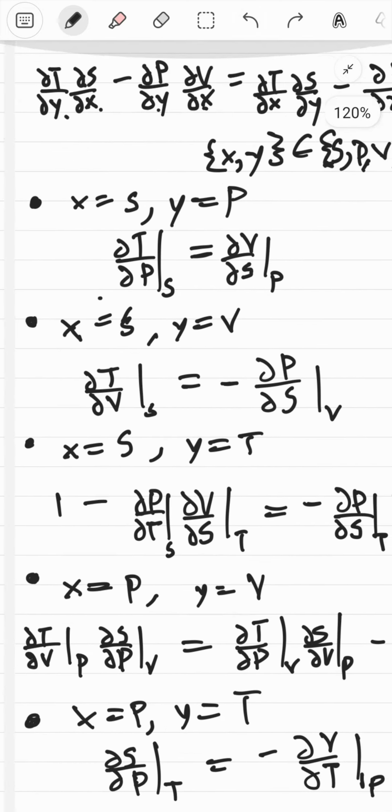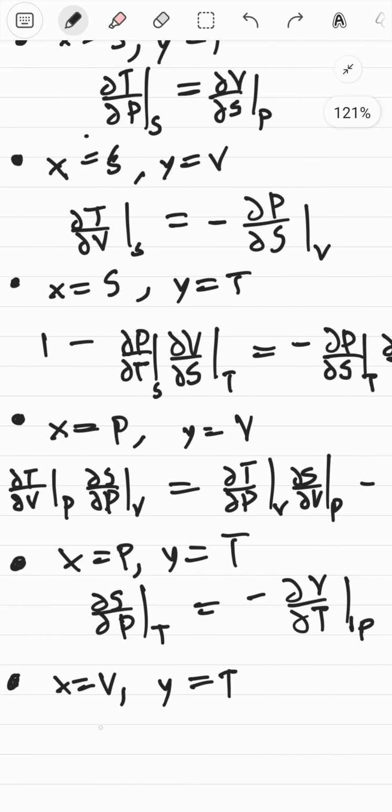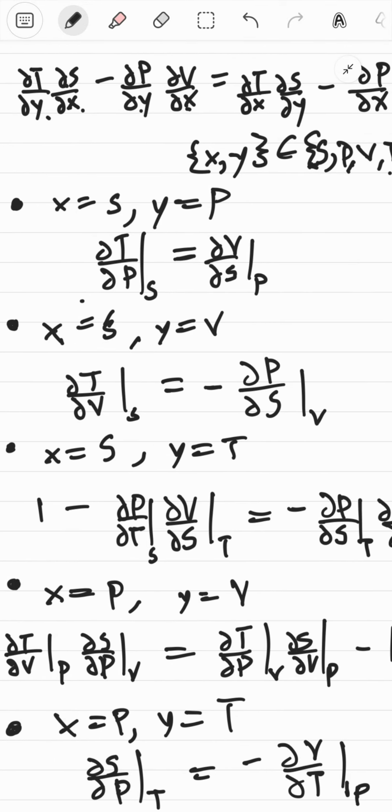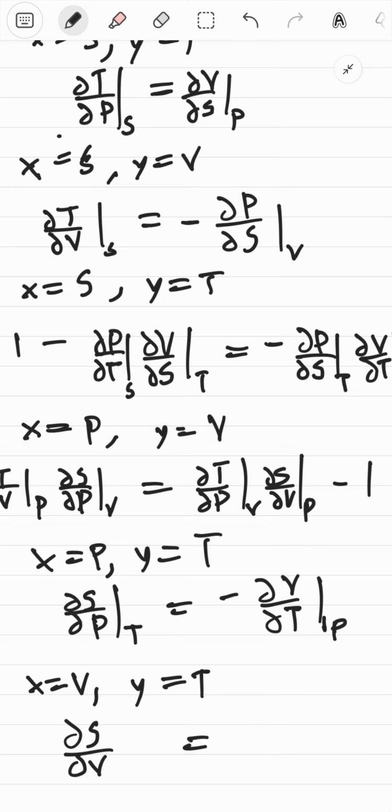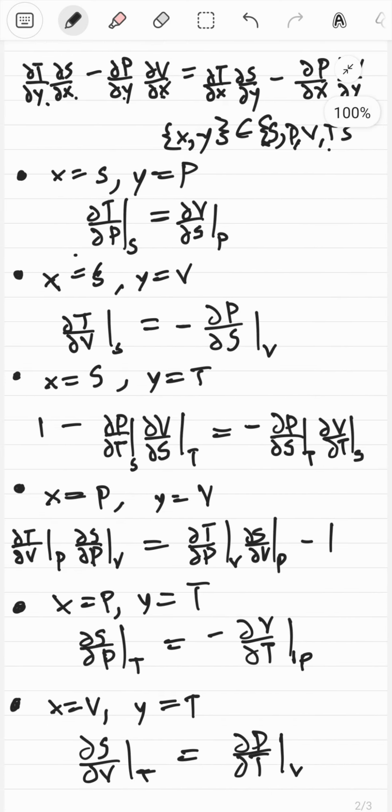So essentially what you have is partial s by partial v is equal to, so that transposed over there just becomes partial p by partial t, and this is at constant temperature at constant volume, essentially. Amazing. So these are our equations. That's one cyclic rule that you have over there. I kind of wish that we can sort of simplify this whole thing, but I didn't have my hopes up.